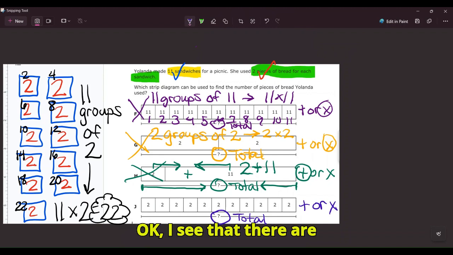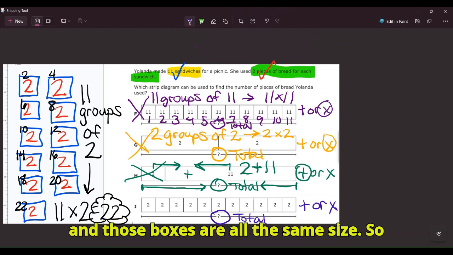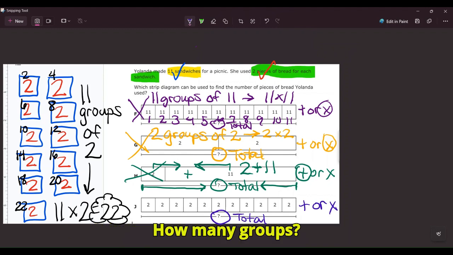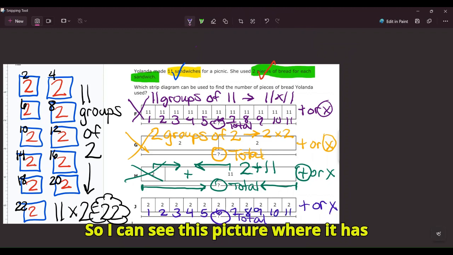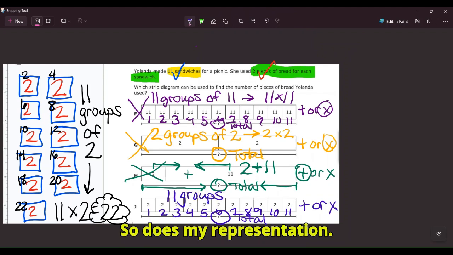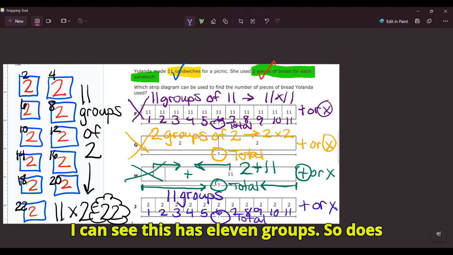Okay, I see that there are boxes, and those boxes are all the same size. So that means those boxes represent groups. How many groups? I can see this picture has 11 groups.